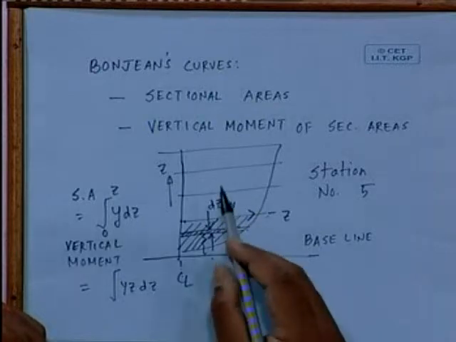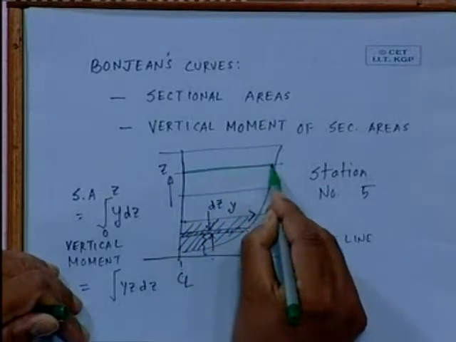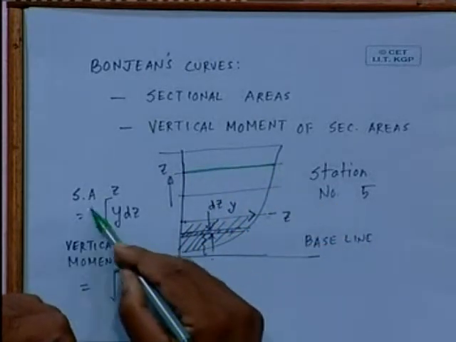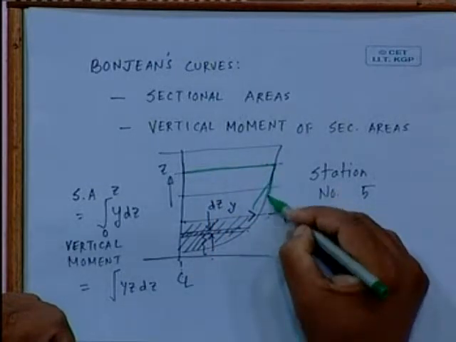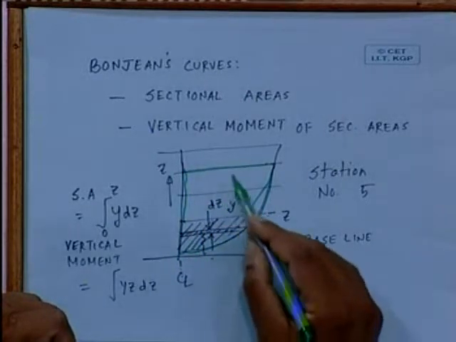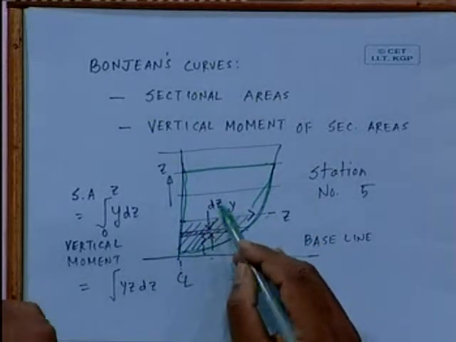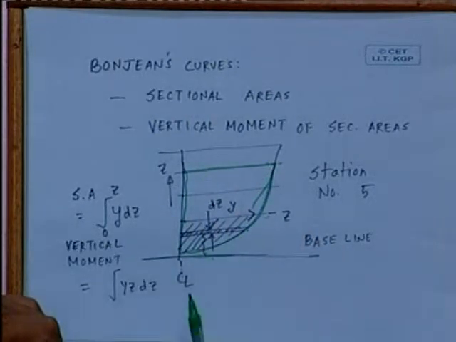Okay, once more, let us say that I am taking, say in another color, a line up to this much. This is my z. So section area up to z is going to be this area. And vertical moment of section area up to this z line is the moment of this about this baseline.